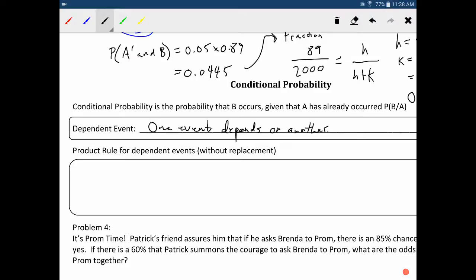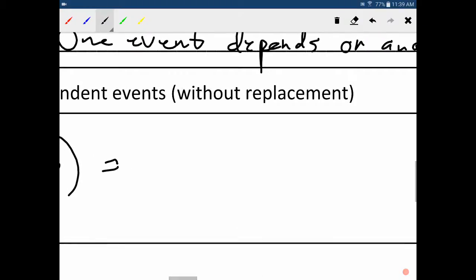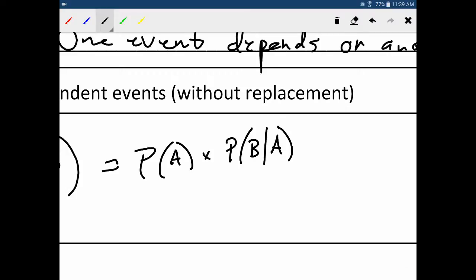So the rule we have is that if we want the probability of event A and event B to occur, it's going to be the probability of event A times the probability of event B given that A occurs.